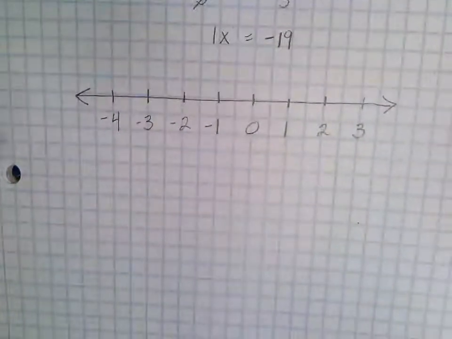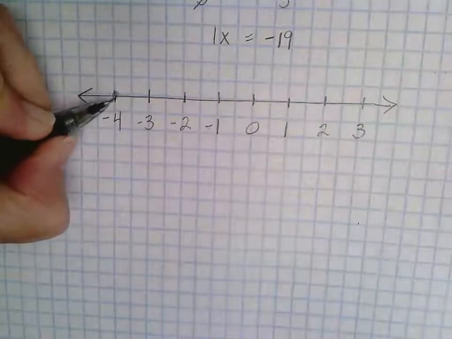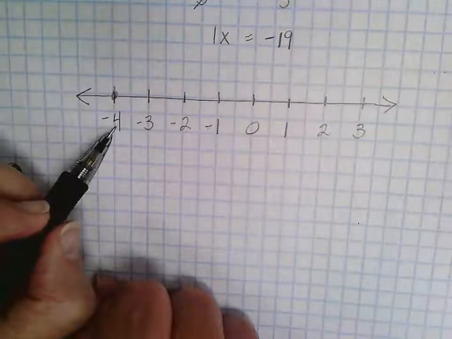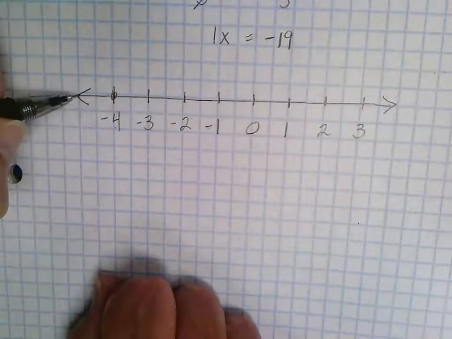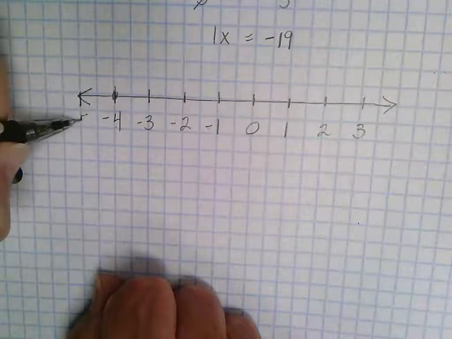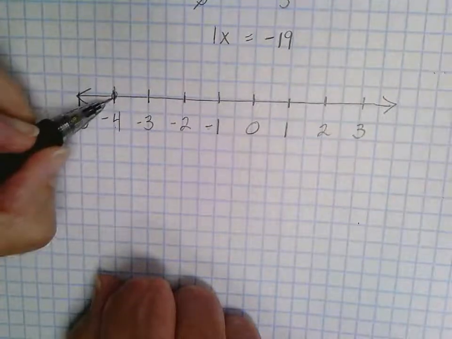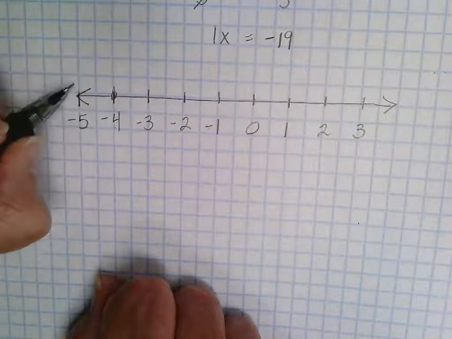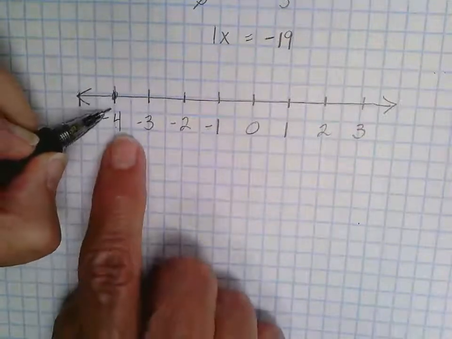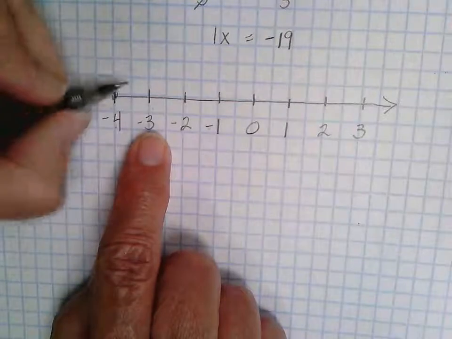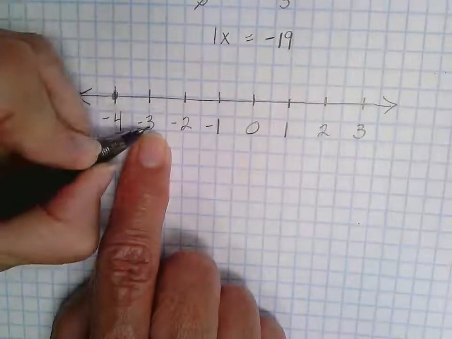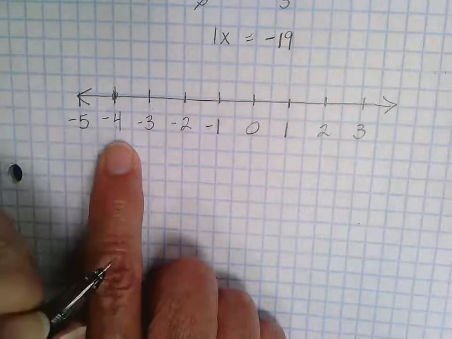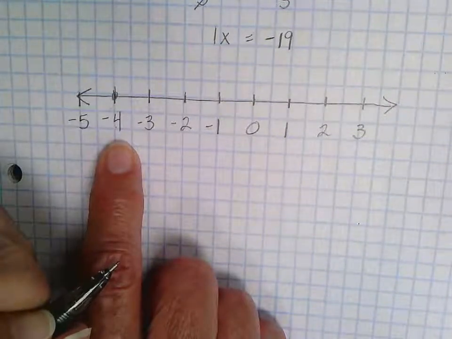So let's say that I am at negative 4. What is 1 more than negative 4? Is it -5? Is it to the left? Is that greater on the number line? Or would it be to the right? Would it be -3? One more than -4.